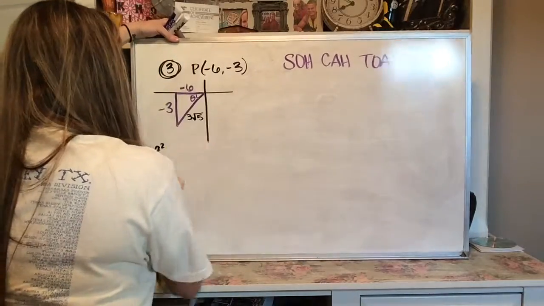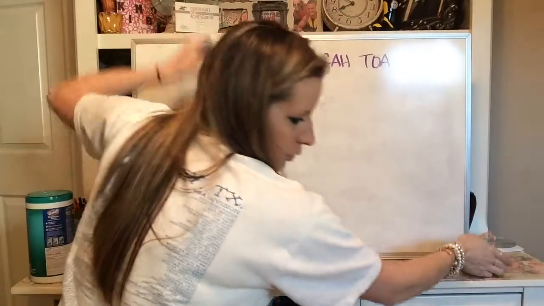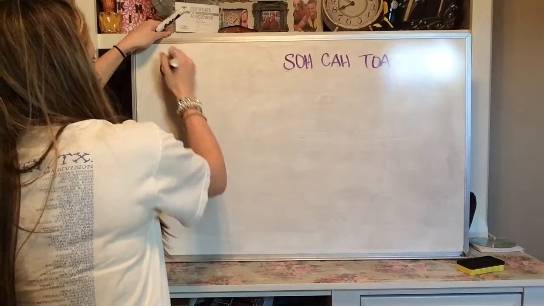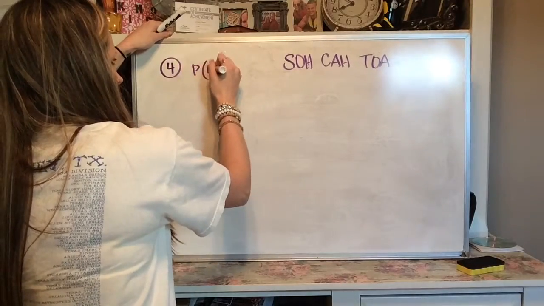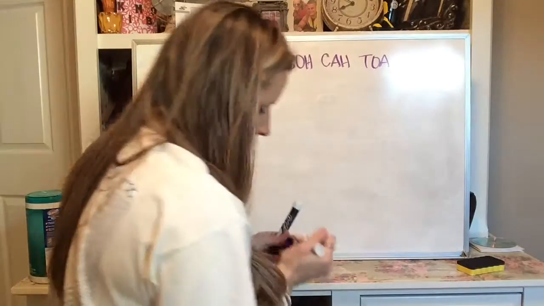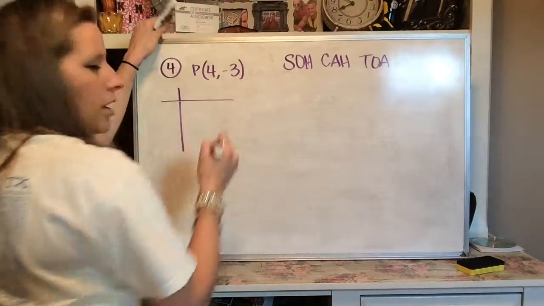All right, very last problem, number 4. Number 4, we have the point 4, negative 3. Okay, so let's go ahead and draw our triangle.